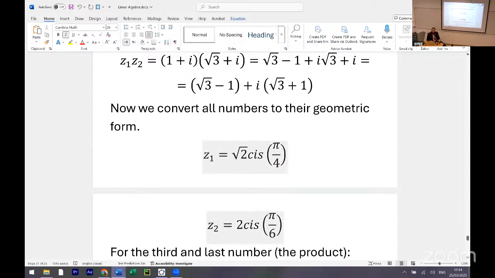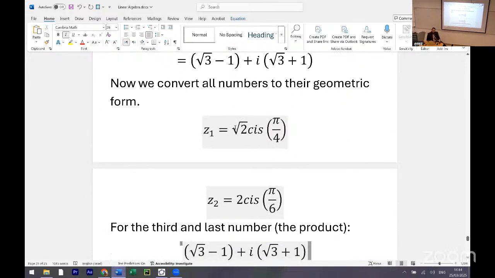And I think it's obvious that if I ask you to multiply two complex numbers, it will be much easier in the geometric form than the algebraic one. And I will do another example like that later with the power of 123.